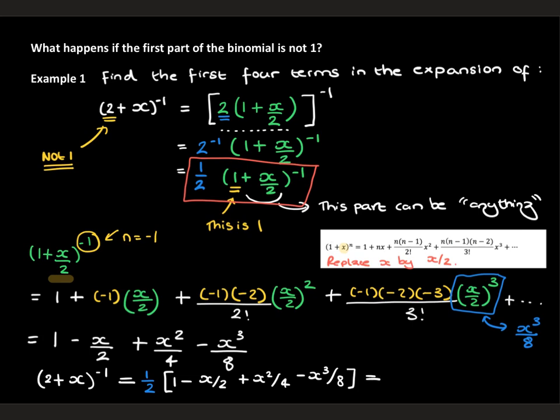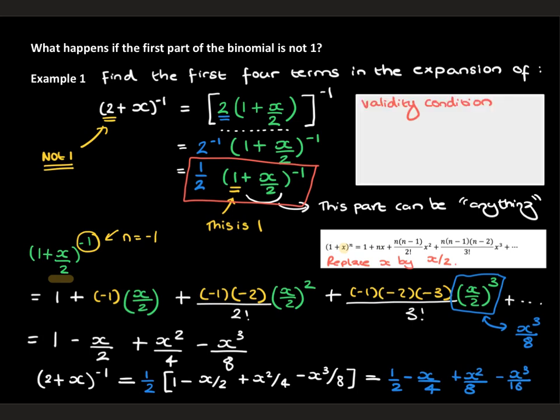And this then gives us a final answer of a half minus x over 4 plus x squared over 8 minus x cubed over 16 for the first 4 terms.